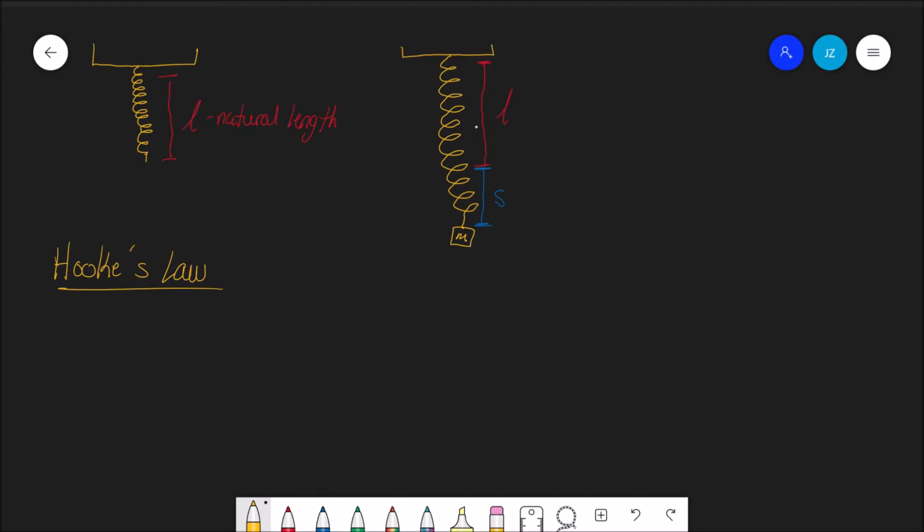And this restoring force is proportional to the amount of elongation, S. So the restoring force is equal to some constant K times S. K is the spring constant.